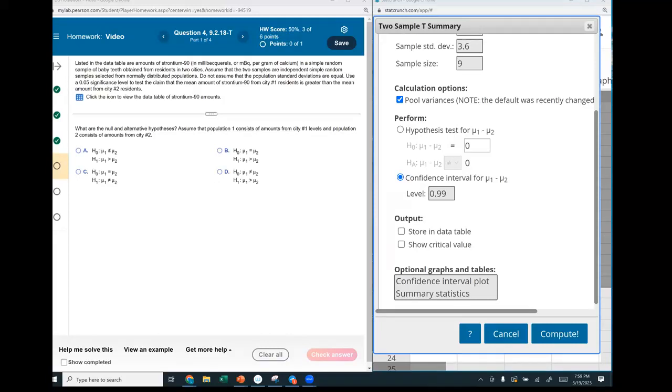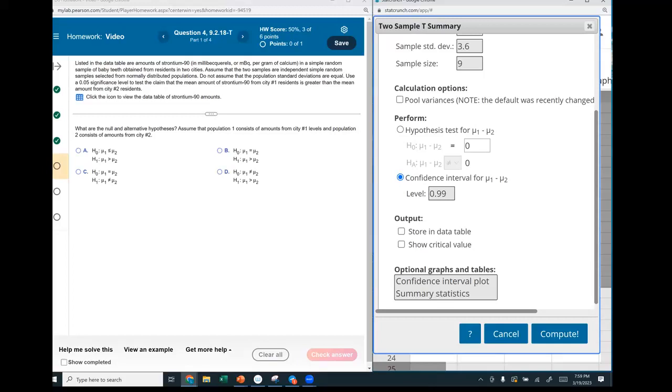Okay, so we do not want pooling, right? That's what that means. The only way we want pooling is if they're equal. Okay. Use a 0.05 significance level to test the claim.